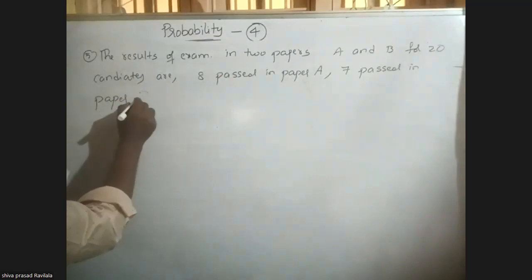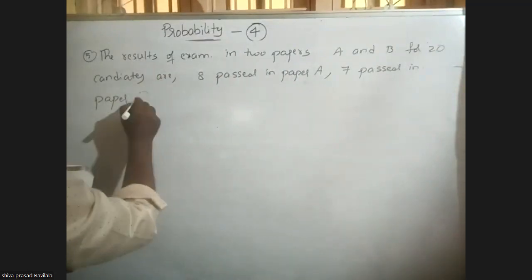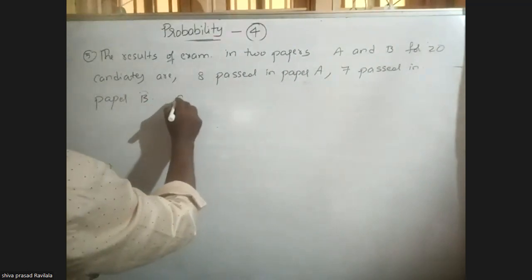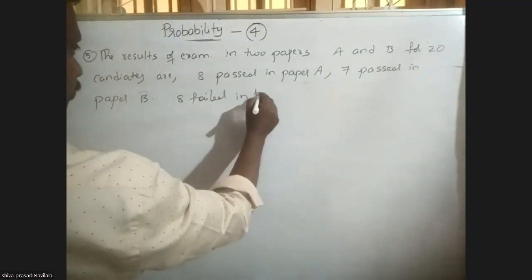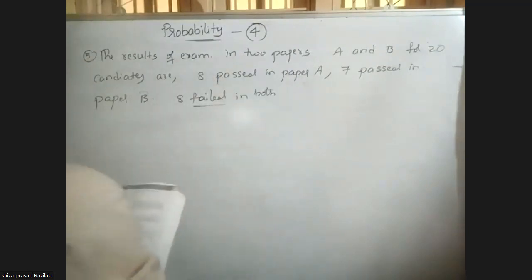8 members passed in paper A and 7 members passed in paper B, and 8 failed. Observe the condition. 8 failed in both, not passed. 8 failed in both the papers.